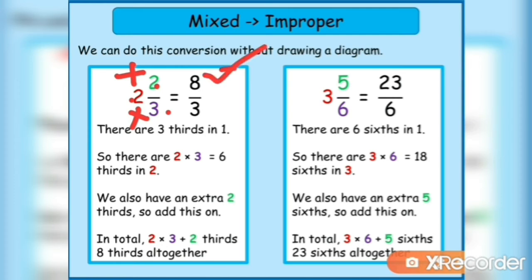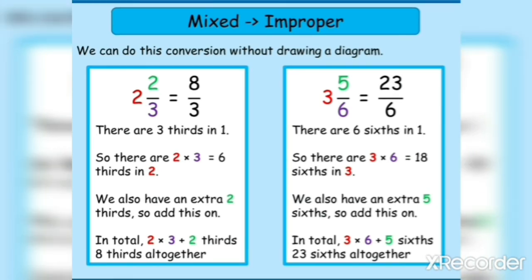We got 8 as a numerator. Keep the denominator same. Here denominator is 3, so here we will write 3. So when we convert 2 integer 2/3 into improper fraction, we get 8 upon 3.